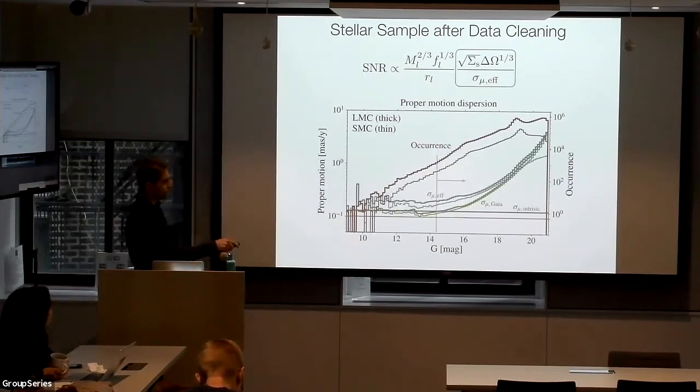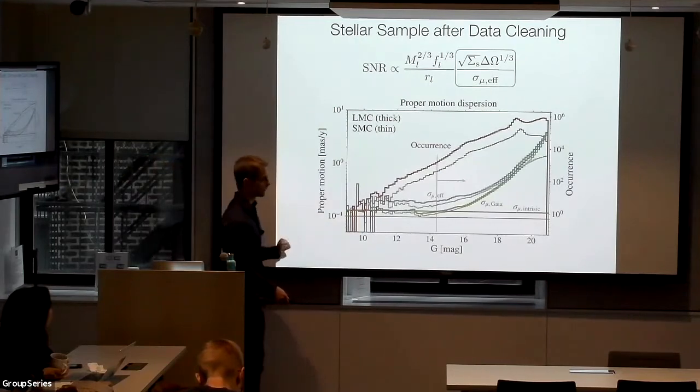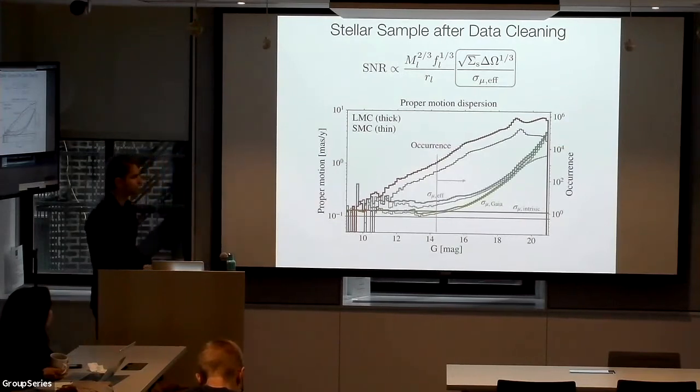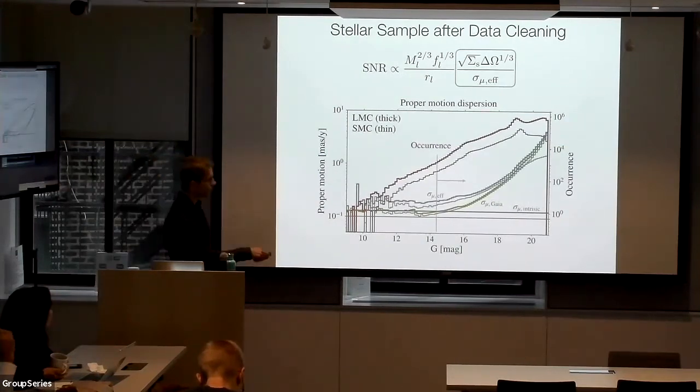And blue is the effective standard deviation in each G magnitude bin. So you see that it roughly matches the sum in quadrature between the Gaia spread and the intrinsic spread in the proper motions. And in red, I plot the occurrence, so the number of stars in each bin.